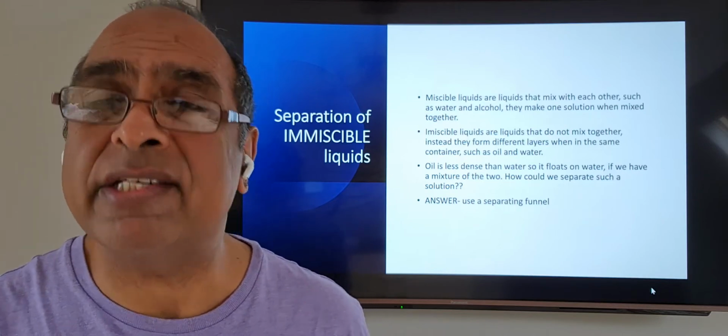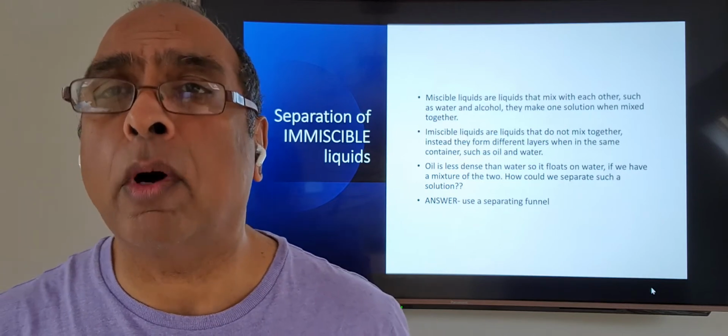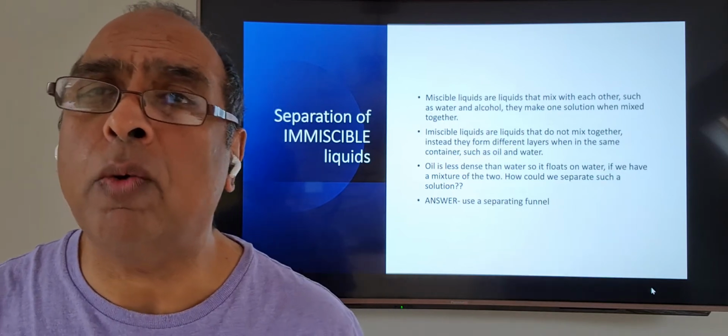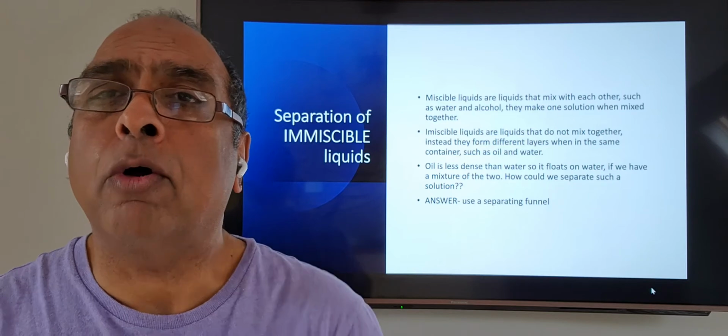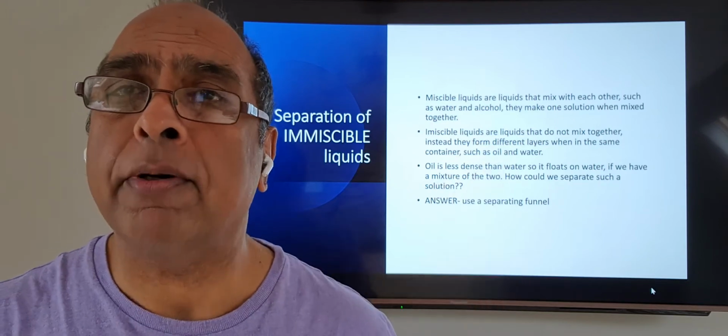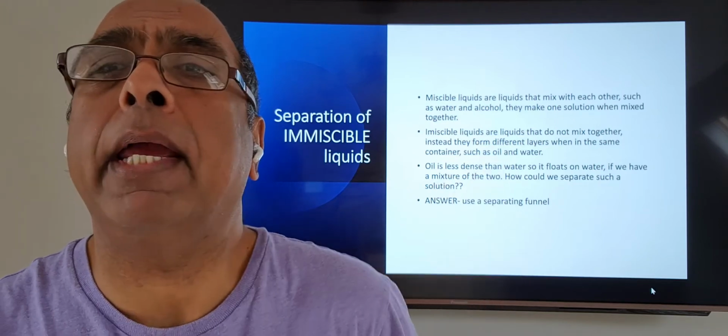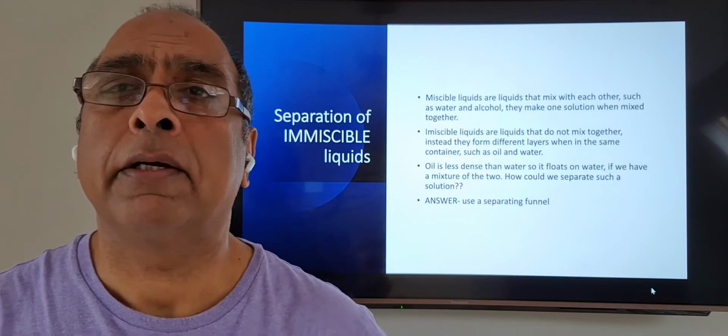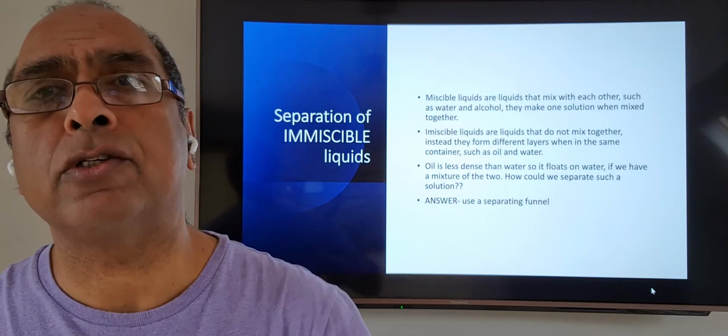That's because the density of oil is less than 1 gram per centimeter cubed, which is what the density of water is. The lower density liquids always float on top of the bigger density liquids. And so water is the bottom layer and oil is the top layer.